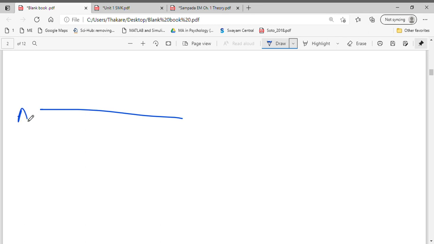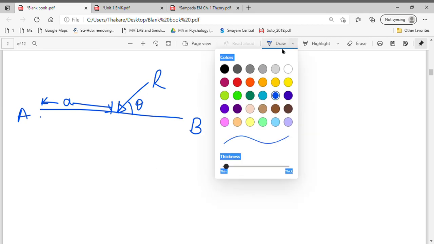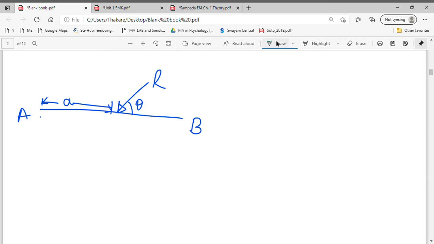So this is your section AB, and there is this inclined force R making an angle theta, acting a distance apart from point A. So I have to determine its equivalent force couple system at point A. From point A, I will first apply one force R at the same angle theta, and to balance this out, I will add another force R of the same angle theta.